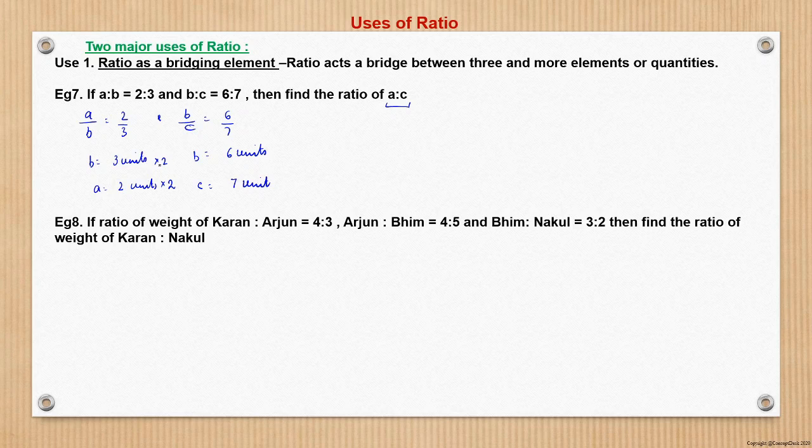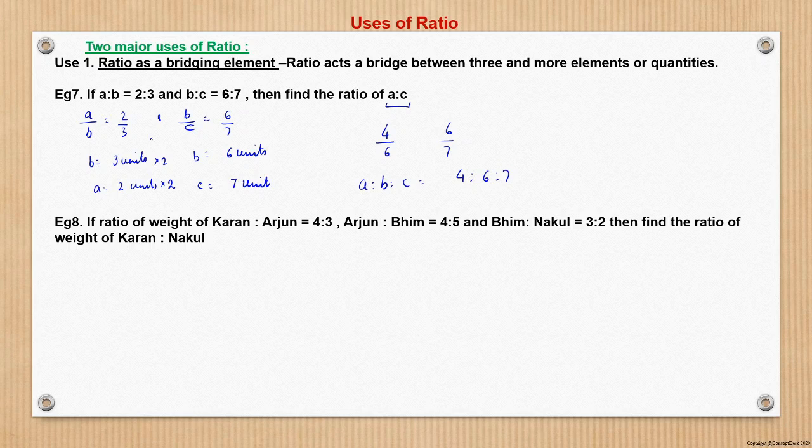So what are we doing? We are multiplying this ratio by 2 so that the common term b becomes equal. Now if b in both the ratios has become 6, I can write a by b as 4 by 6 and b by c as 6 by 7. Therefore a is to b is to c is nothing but 4 is to 6 is to 7.